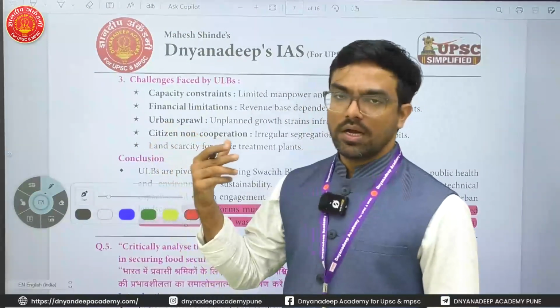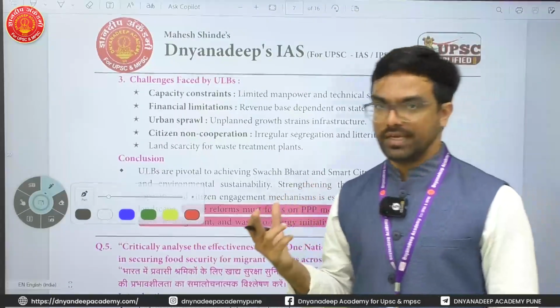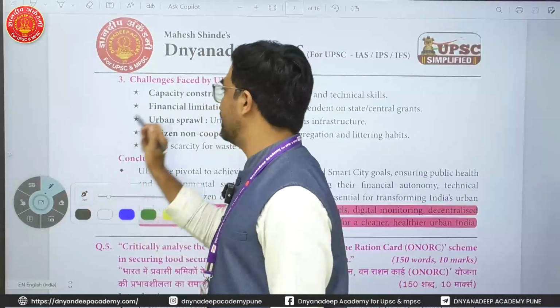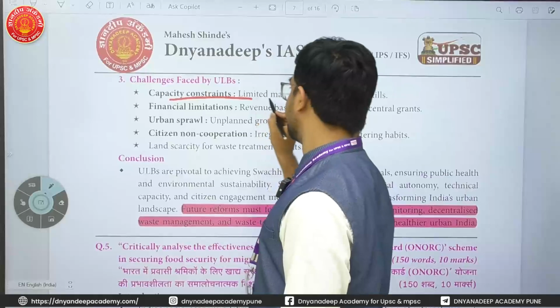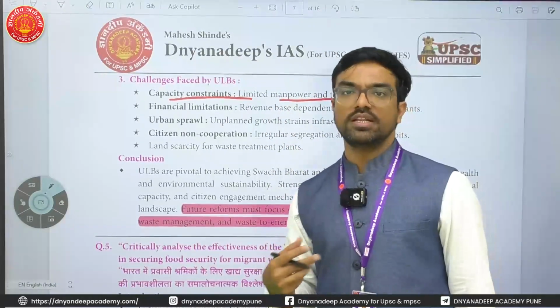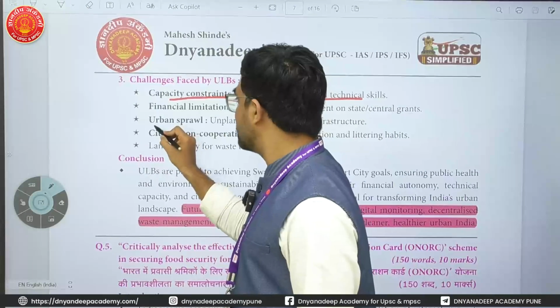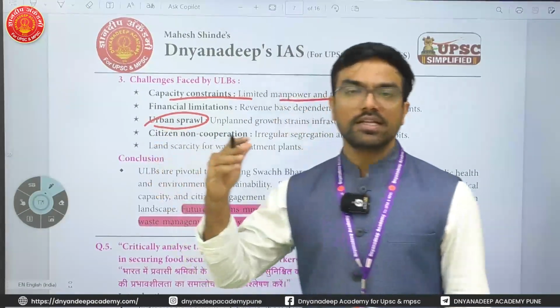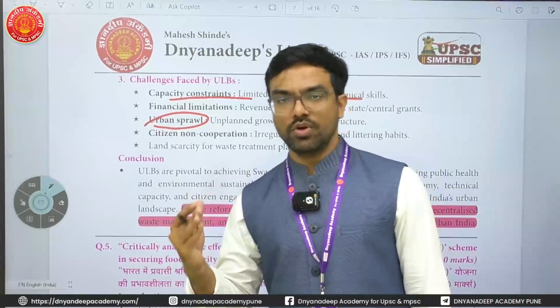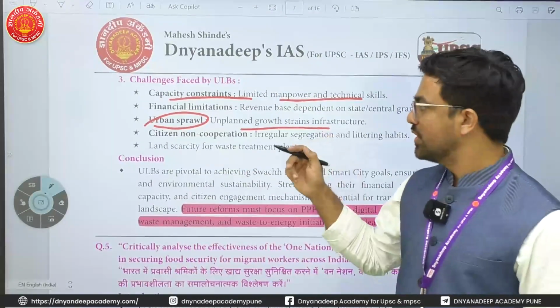We have seen that local government bodies are facing some challenges, so we can write those challenges. There are capacity constraints because there is limited manpower and limited technical skills. There is urban sprawl: unplanned urbanization is going on, so unplanned growth strains infrastructure.